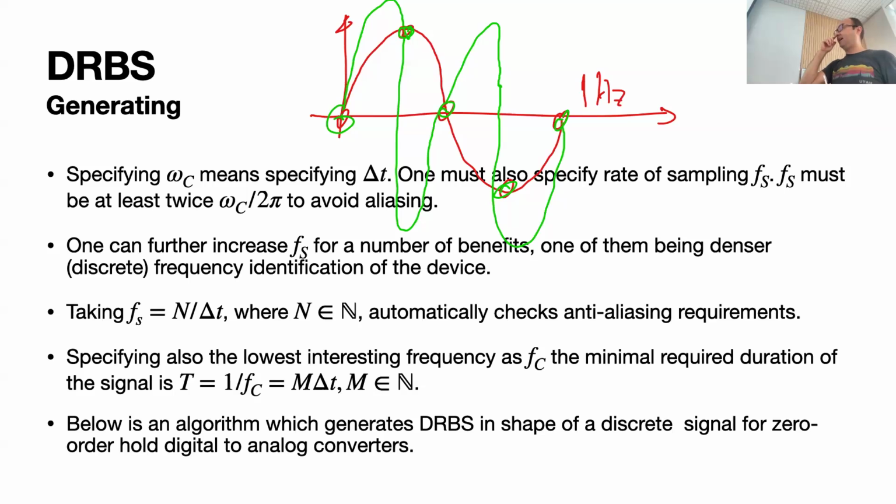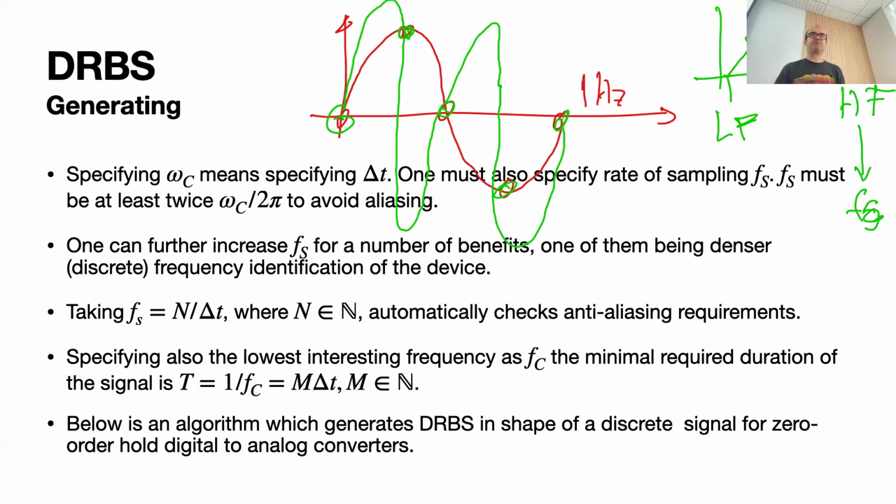So next thing is the other most important part. What we have is the high frequency part. This is determined by our sampling frequency, Fs, and the low frequency part is determined by the duration of the signal.